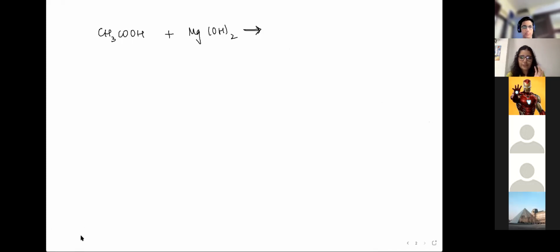I want you guys to be familiar with writing acetates. Vasudha, yes, technically you're right, but representation, again, I think we touched on this yesterday also. So Mg will replace H, so it will be on the other side.